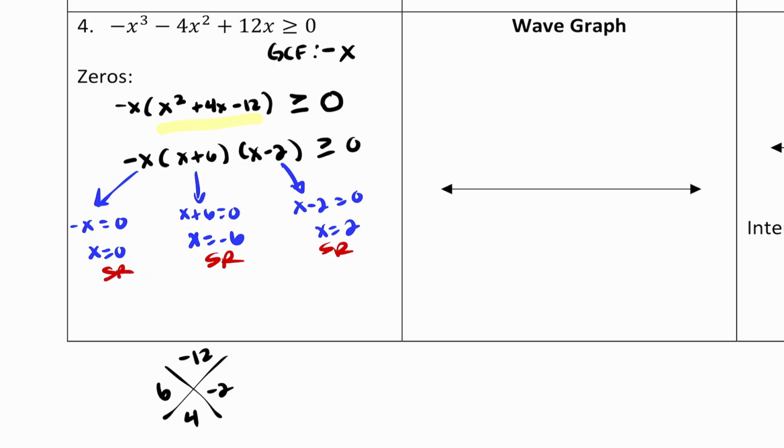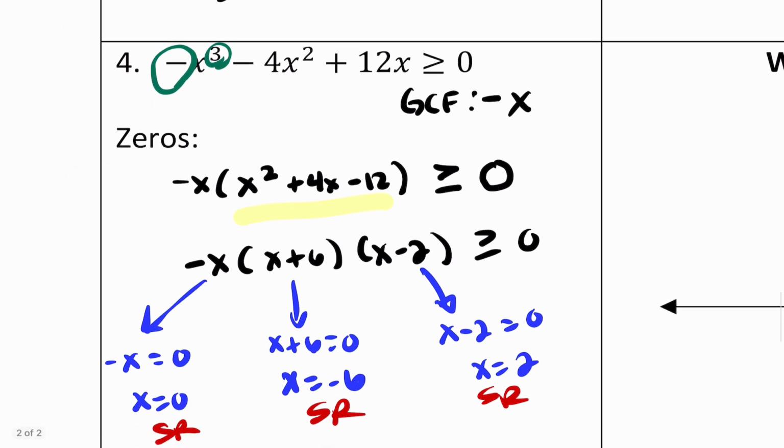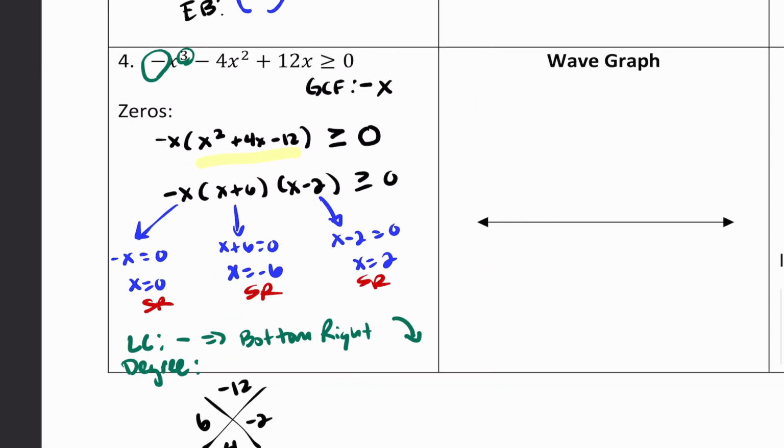So the leading coefficient is actually a negative, so we're going to start bottom right. So we have a negative. That means we start at the bottom right. And then for our degree, it's right there, right? The degree of this polynomial, it's the largest exponent of the polynomial, which is 3, right?